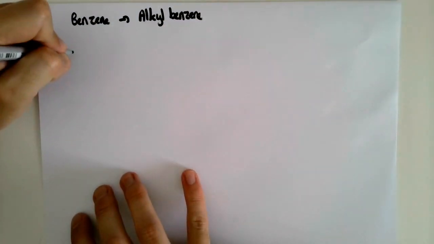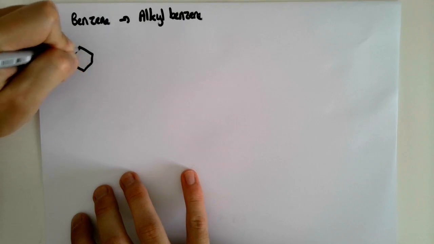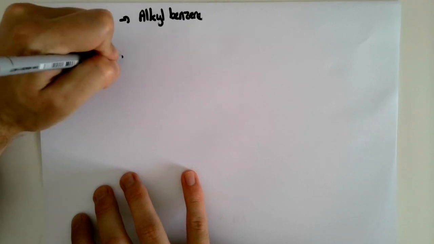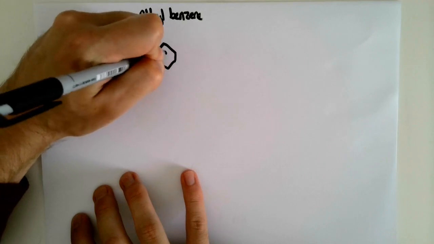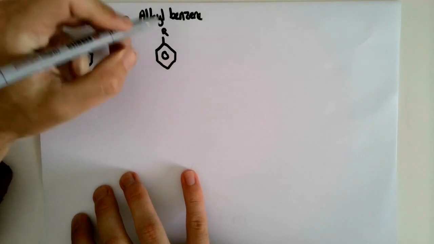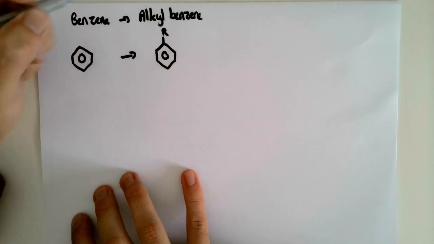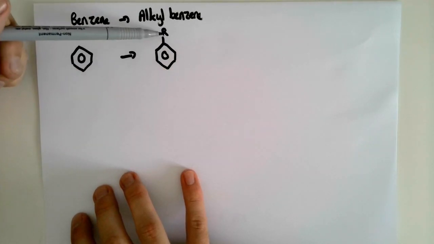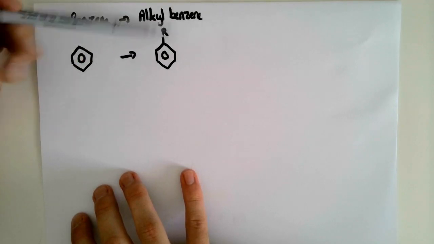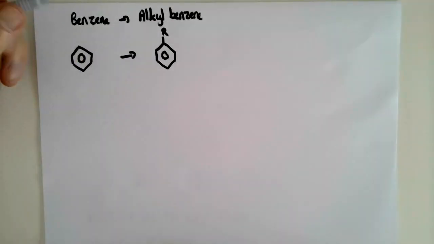So what is going on here? So I'm going to represent it generically like this, where R is any sort of carbon chain, alkane chain coming off the benzene. So it could be 5 carbons coming off the benzene, it could be 2, 1, doesn't really matter.